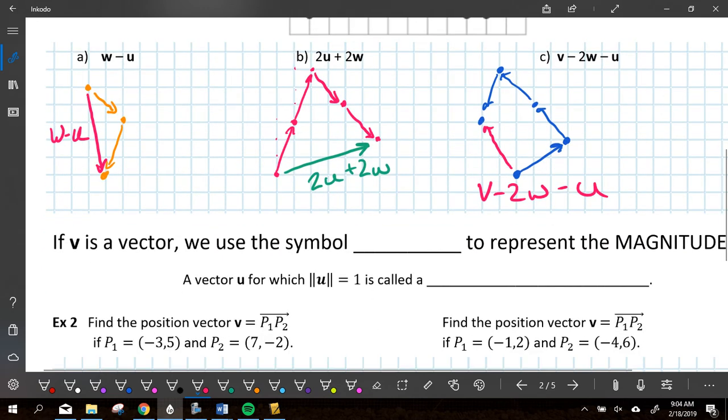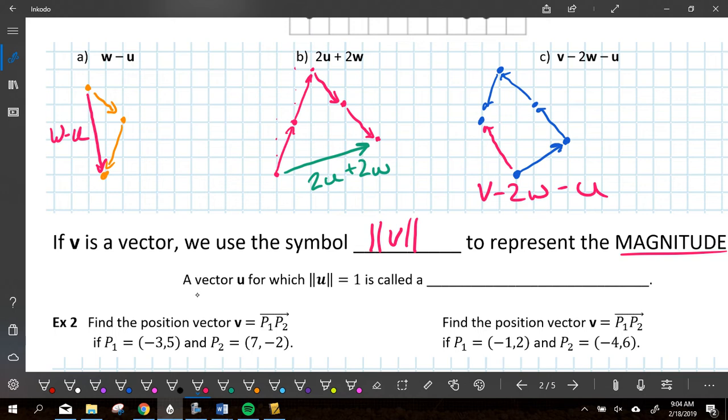If V is a vector, we use this symbol. It looks like absolute value, but there's 2 lines. All right. The double absolute value, I don't have a great name for it, but that symbology right there, I might have made up a new word, to represent the magnitude. That's representing the magnitude. That's how long the line is. It is the distance between 2 points.